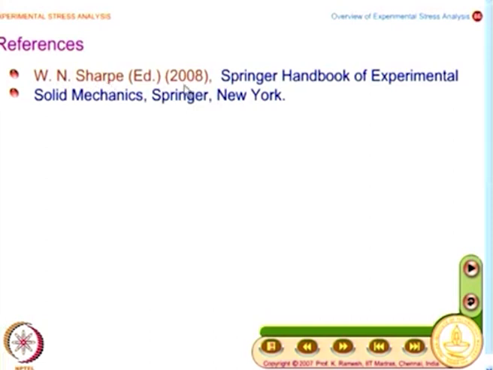In fact, I have a chapter on photoelasticity in this handbook that covers the modern development of photoelasticity and also gives in a nutshell variants of photoelasticity. And this is a very useful reference.